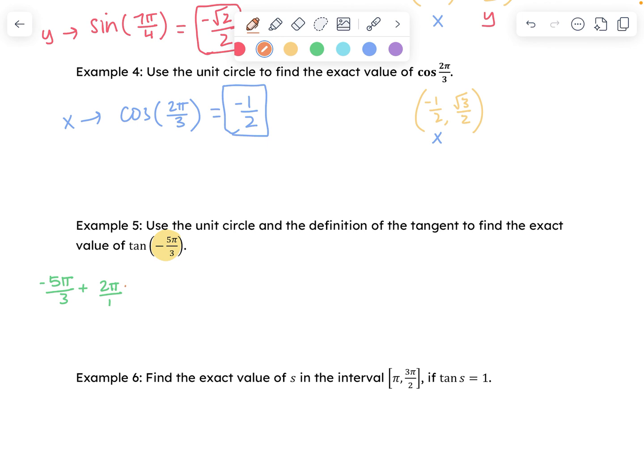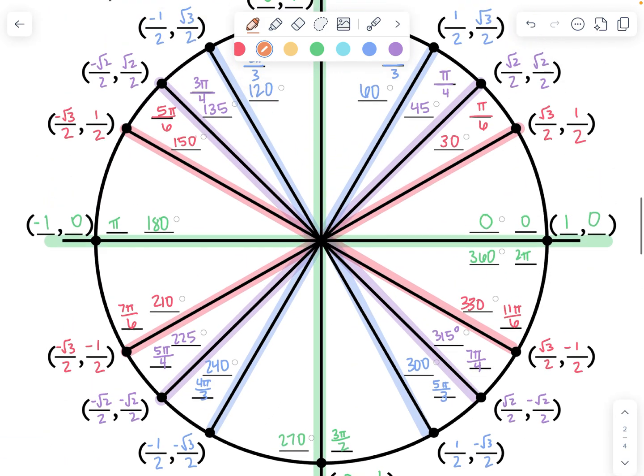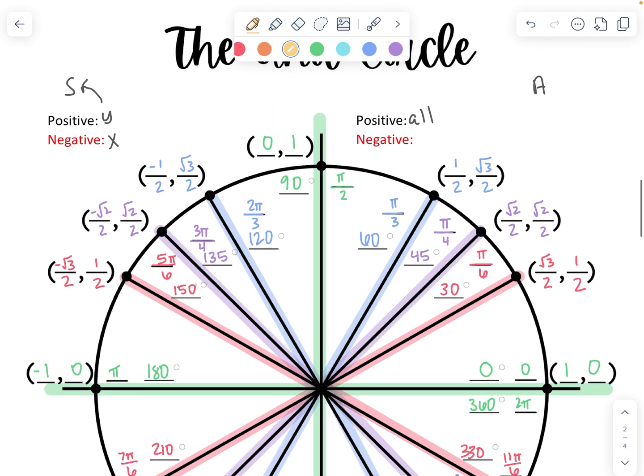And then I can multiply the top and the bottom by 3 to get a common denominator. So this stays negative 5 pi over 3. And this one's going to change to 6 pi over 3. So negative 5 pi plus 6 pi gets me pi over 3, which is on my unit circle. Pi over 3 is right here, the blue part of quadrant 1.